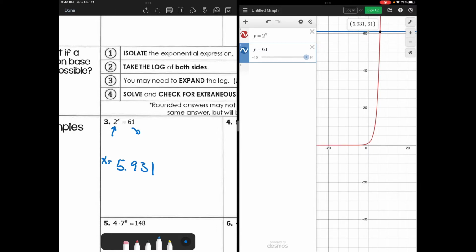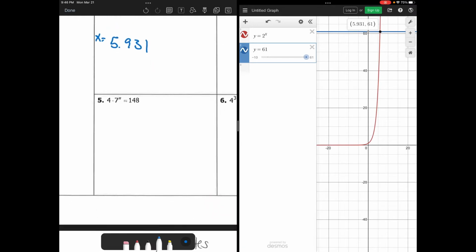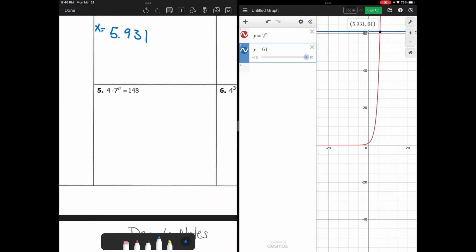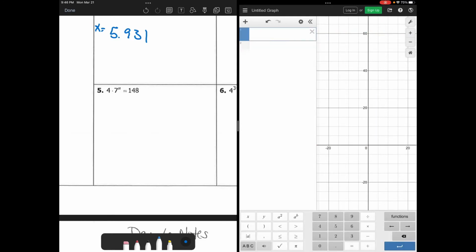Now, you will have problems like these on the remediation test that we're taking. So let's look at number 5. We've got y is equal to 4 times 7 raised to the x power.